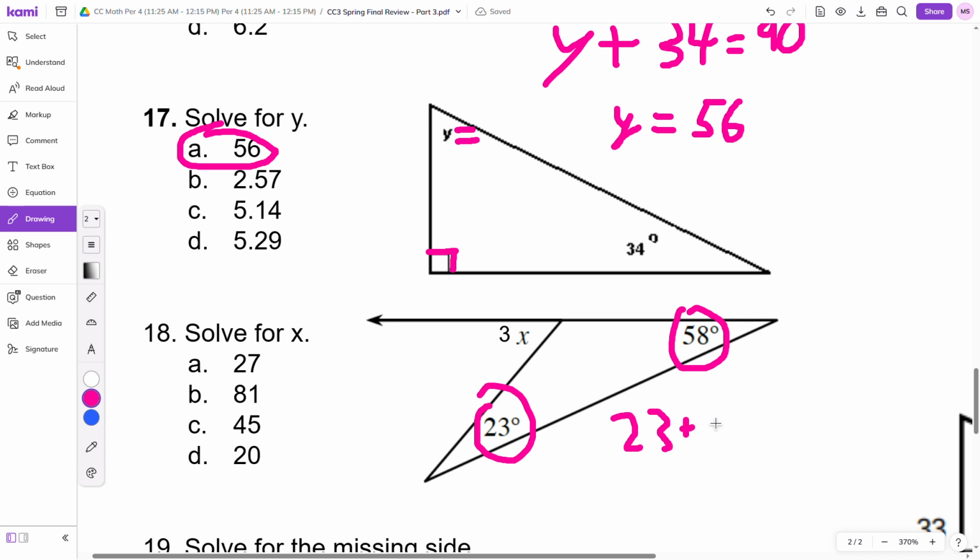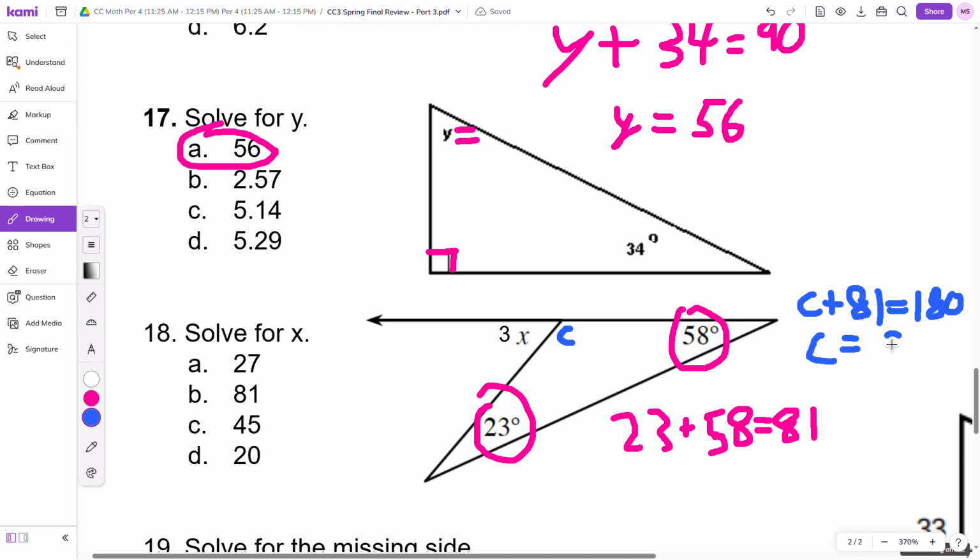Okay? So that's 81. But remember, if I have this angle here, let's call it C, then C plus 81 is 180. And so if that's true, then C is 99.